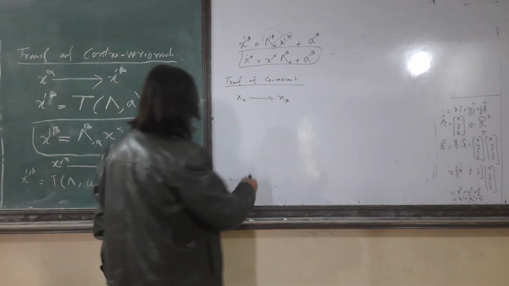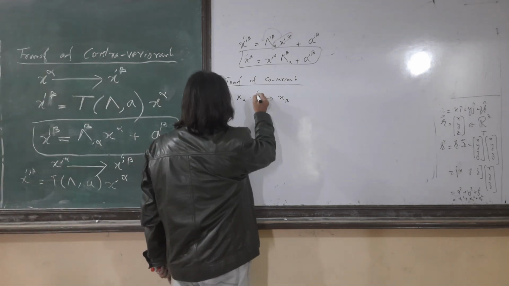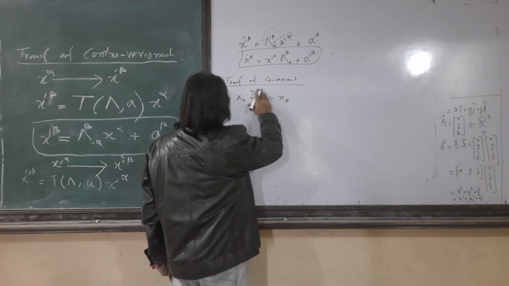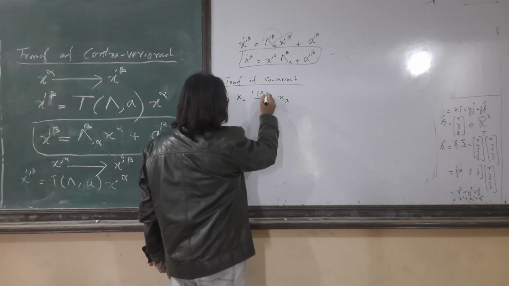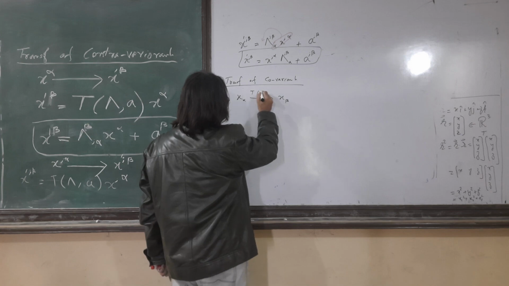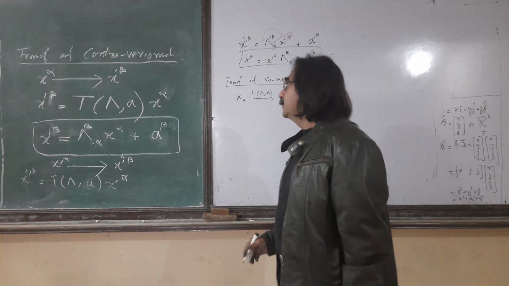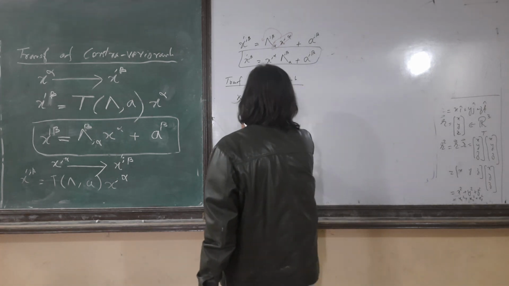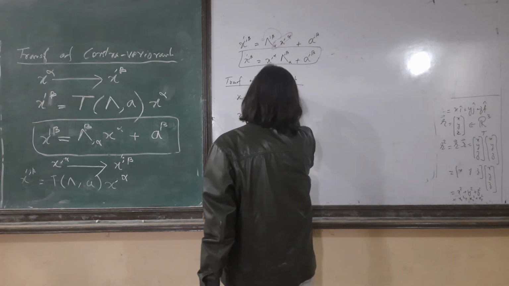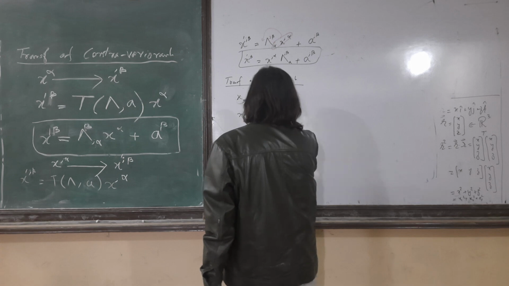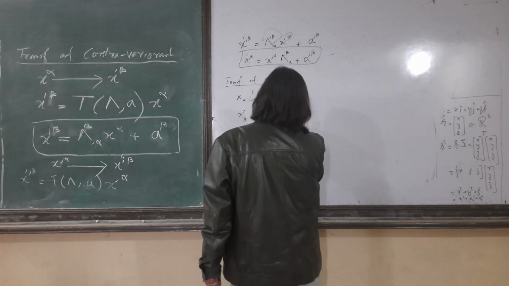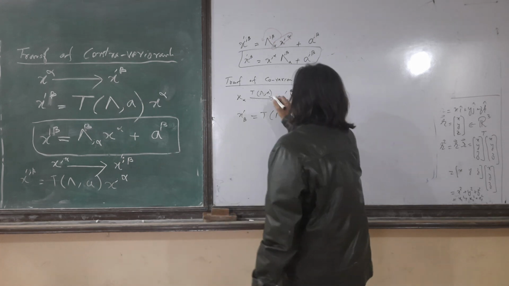The same. Now it is very simple. So x beta prime will be equal to, this is A.